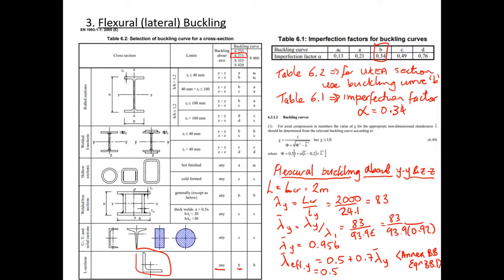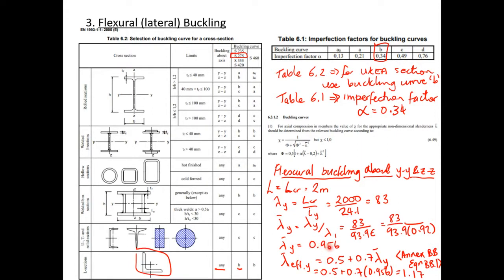So that's 0.5 plus 0.7 times 0.956, which is 1.17.